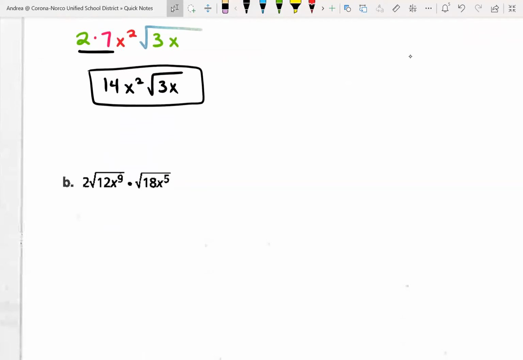Next one. Same idea. I'm going to multiply the numbers on the outside together. 2 times 1 is 2. Then I'm going to factor all these numbers. 12 is 2 times 6, 2 times 3. 18 is 9 times 2, 3 times 3.